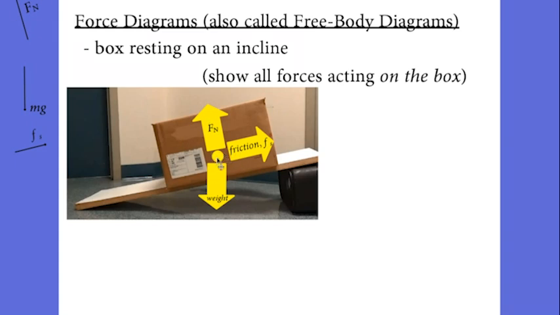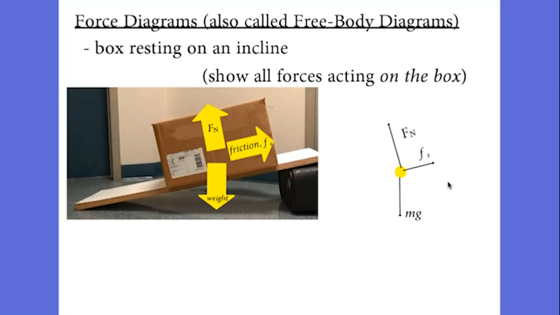And of course, if I was drawing this on my paper with a simple force diagram, it would look like this. There's the weight, the normal force, which is acting perpendicular to the surface, and the static frictional force. It opposes motion, or it opposes possible motion.